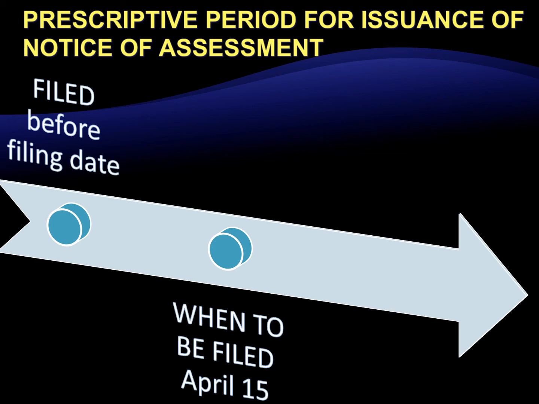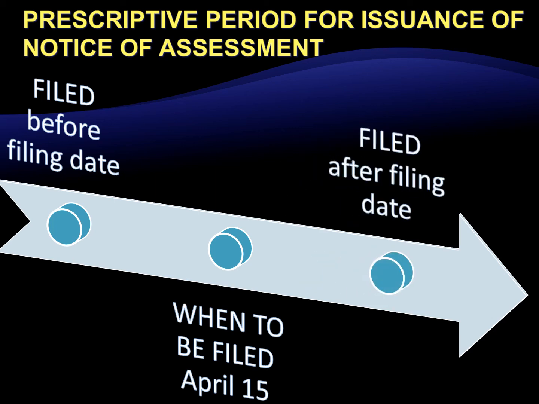Since presumably the corporation was using the calendar year, then it should file its tax return no later than April 15. So when does the prescriptive period start to run? It starts to run from the time the return was filed or should have been filed, whichever is the later of the two. If there's an amendment, then the date of amendment is considered as the time for filing the return. So therefore, let's look at this example now, and let's have a crazy example.